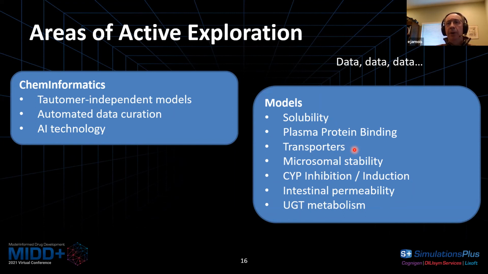But it's an evolving area, so we need to keep up with not only the literature, but also, if we can find a client who has a specific interest in transporters, seek an advantage through getting larger amounts of data. Other areas would include microsomal stability, CYP inhibition or CYP induction, intestinal permeability, and data revolving around UGT metabolism.